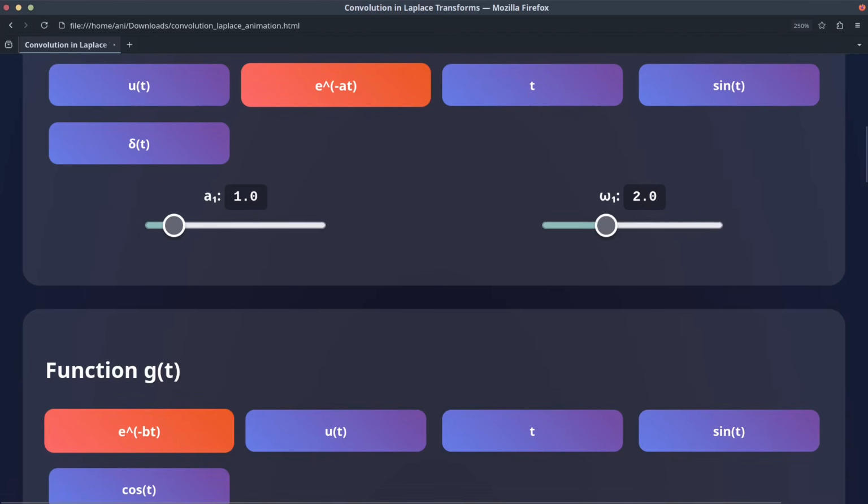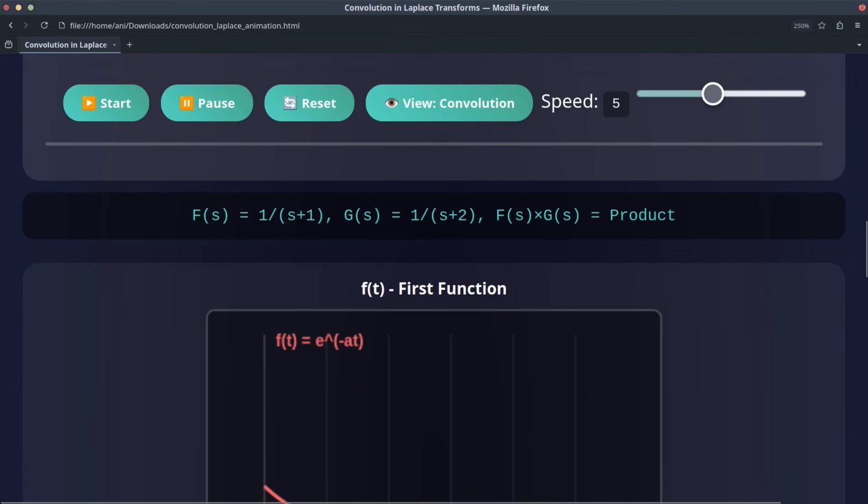So what does that mean? You take the Laplace transform of e raised to minus at and e raised to minus bt, and then the Laplace transform of the product e raised to minus at into e raised to minus bt will be equal to the multiplication of the individual Laplace transforms.